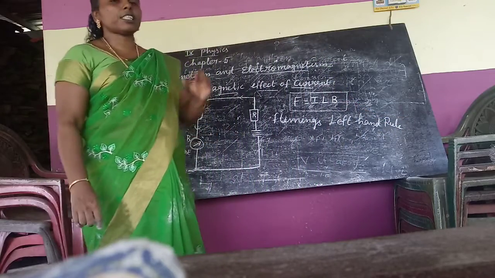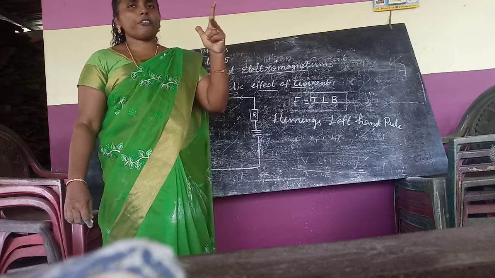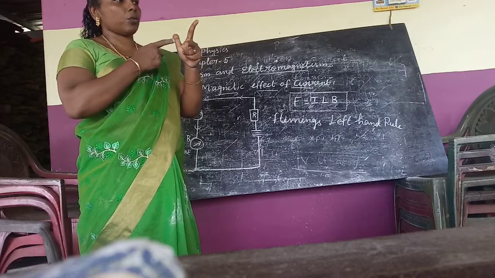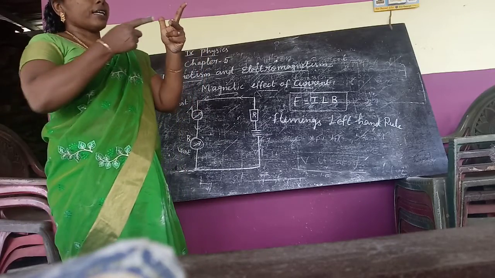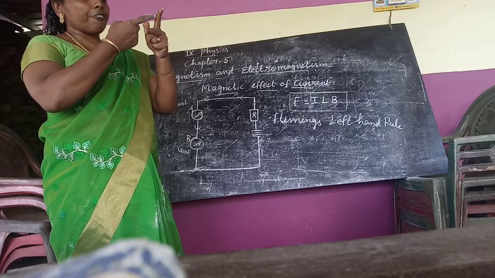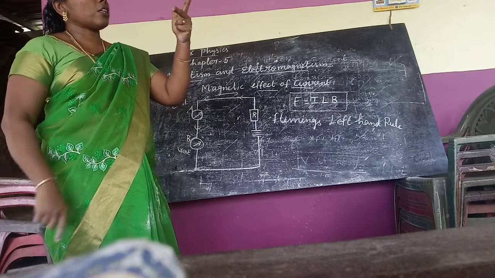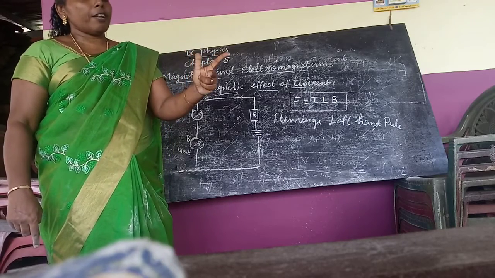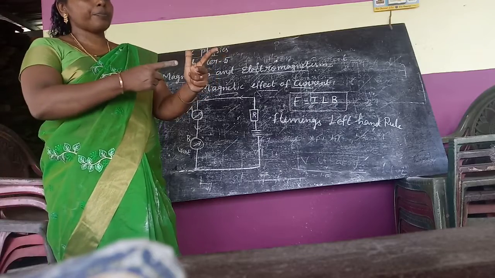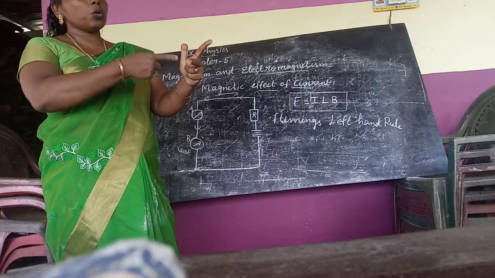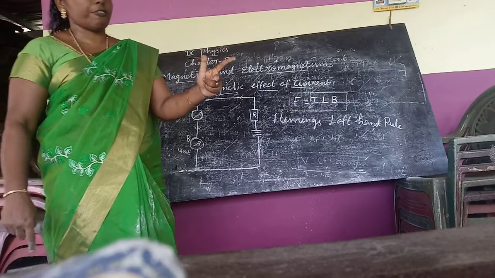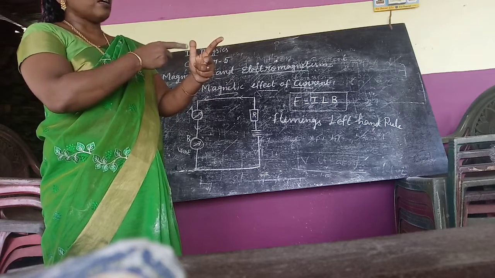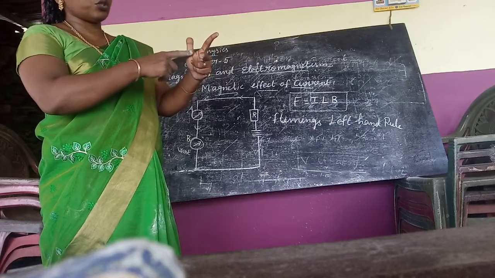Fleming's left hand rule. First, stretch three fingers: the middle finger, the second finger, and the thumb. All three are mutually perpendicular to each other.